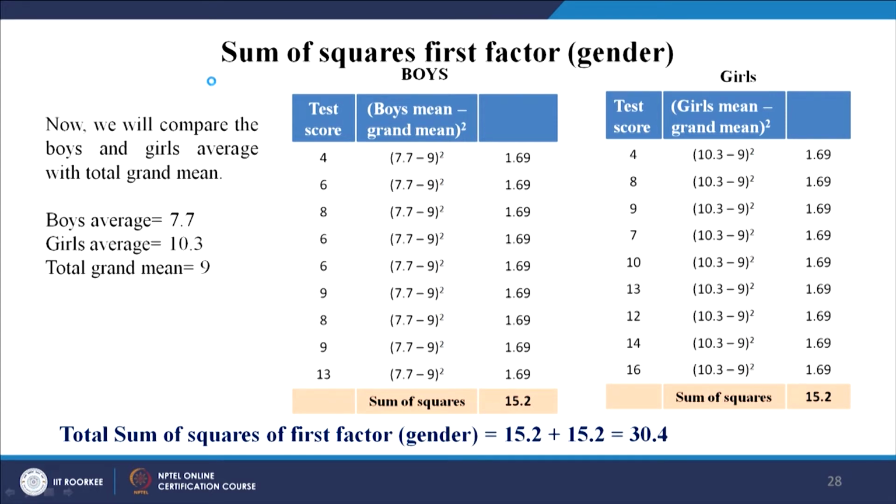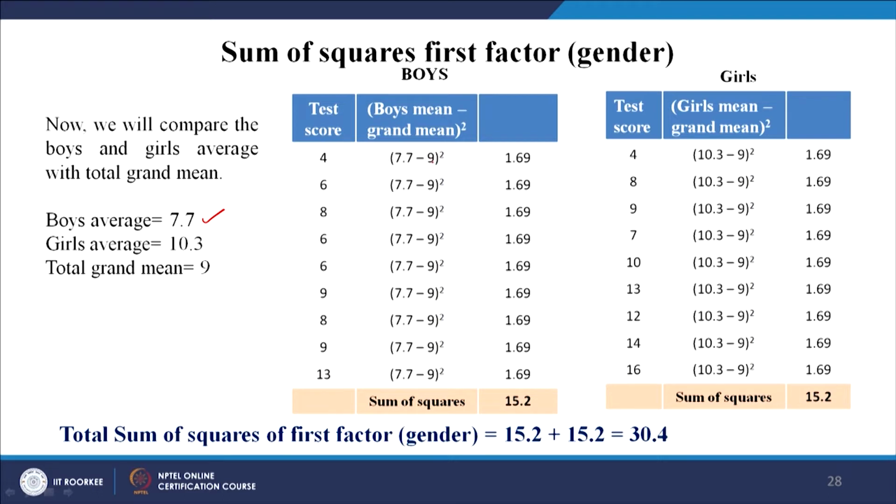Sum of square for the first factor, gender. Now, we will compare the boys and girls average with the total grand mean. So, here you see the boys case, the scores are 4 6 8 6 6 9 8 9 13, right. Now, what is the boys average? 7.7. What is the grand mean?